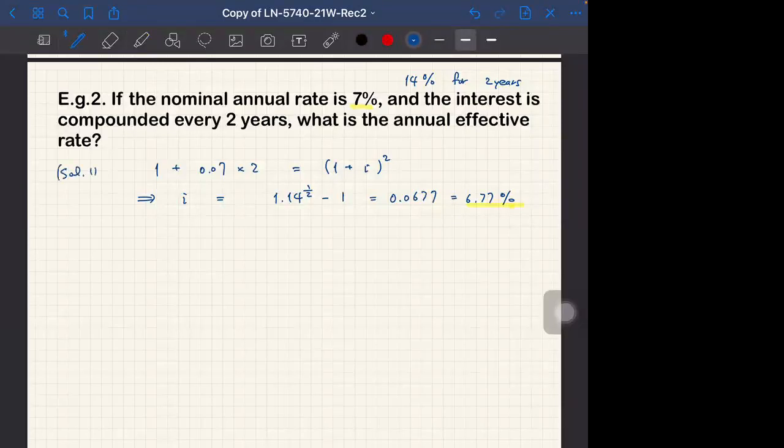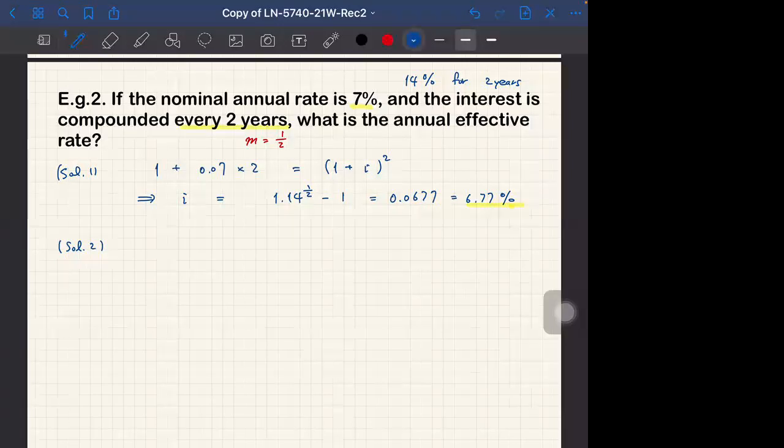Another way to solve this question is to use i superscript m. Since this is every 2 years, it can be interpreted as m being 1/2. If m is 2, it compounds semi-annually, but this is every 2 years, so m is 1/2. And what is the 7%?